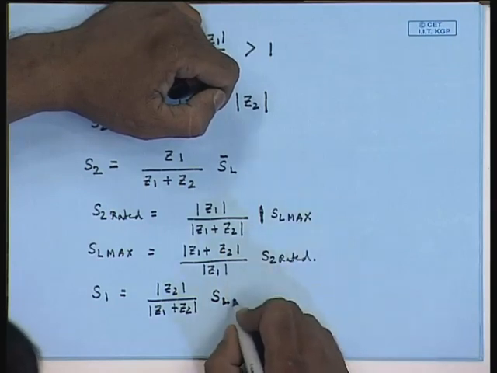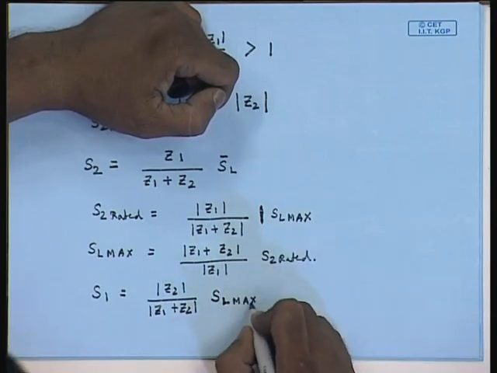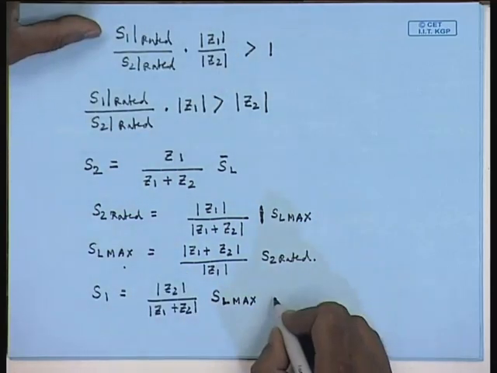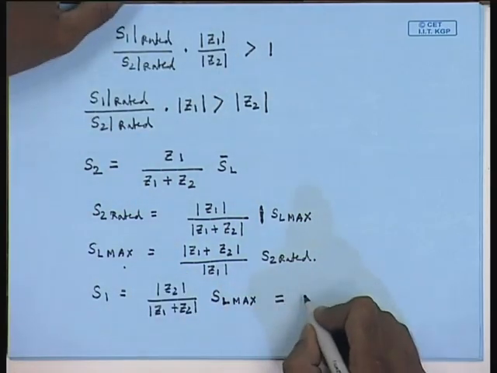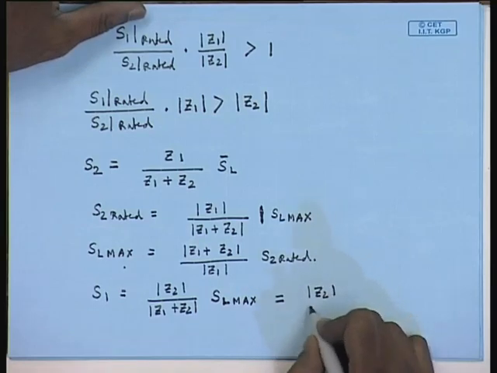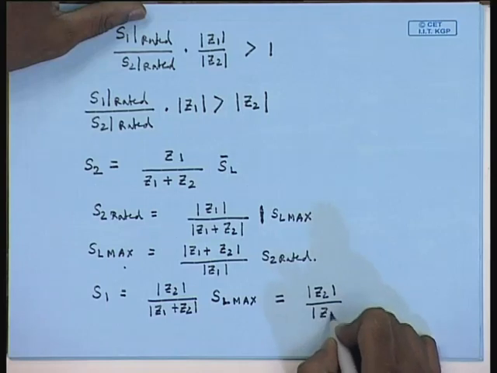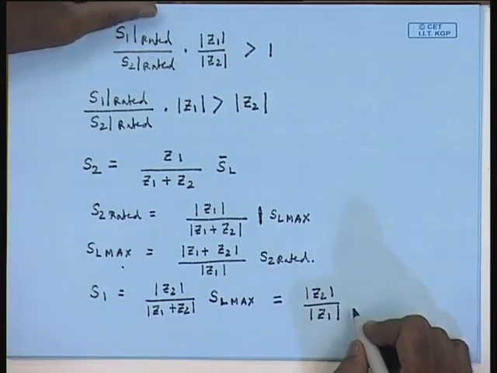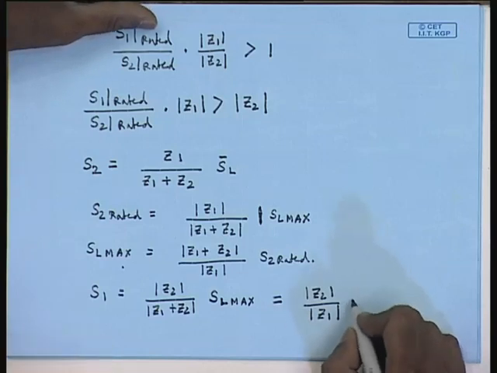So, this should be SL max. Substituting SL max from the previous equation, we get this to be mod Z2 divided by mod Z1 into S2 rated.